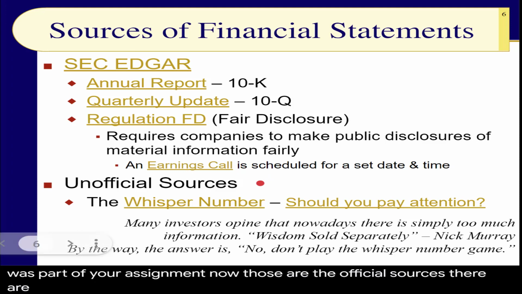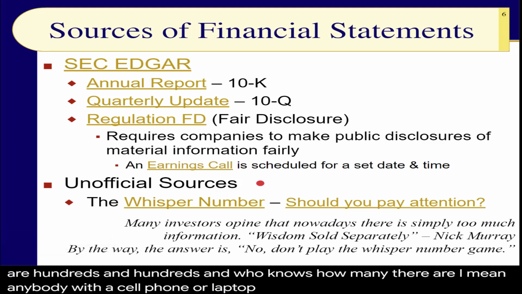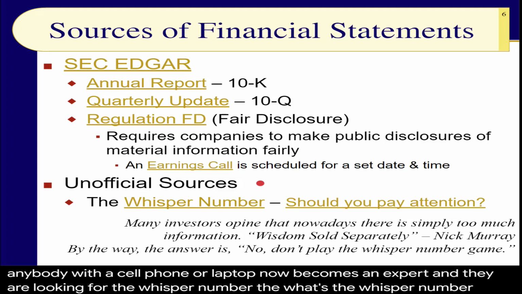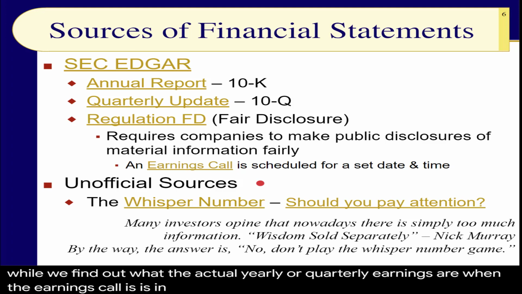There are hundreds and hundreds, and who knows how many there are. I mean, anybody with a cell phone or laptop now becomes an expert. And they are looking for the whisper number. What's the whisper number? Well, we find out what the actual yearly or quarterly earnings are when the earnings call is initiated and the financial statements are available on the internet.